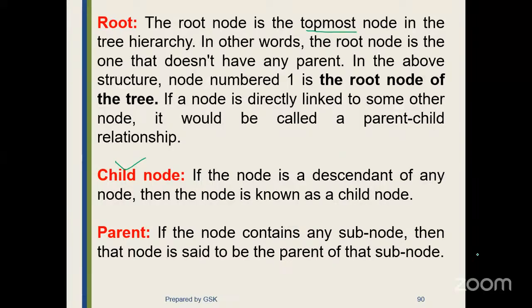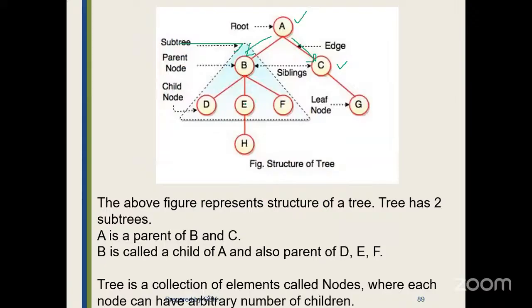Next, child node. If the node is a descendant of any node, then that node is known as a child node. So in this example, B is the descendant node for A node. D node is the descendant node for the B node. E node is the descendant node for the B node.